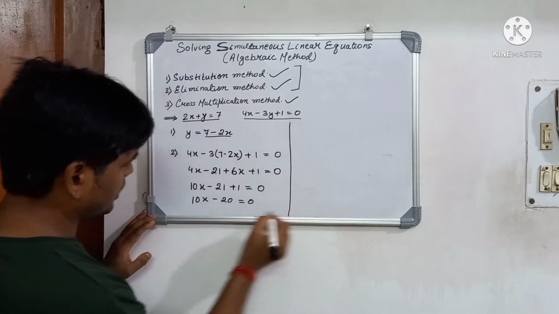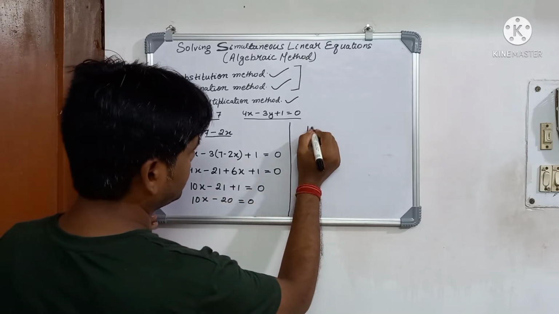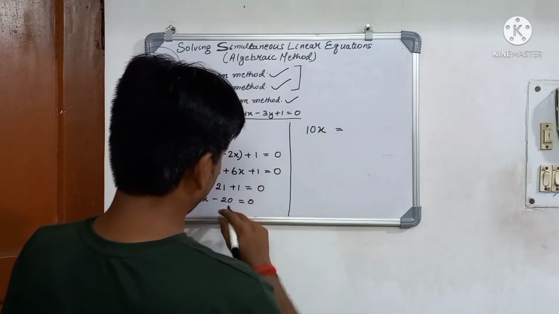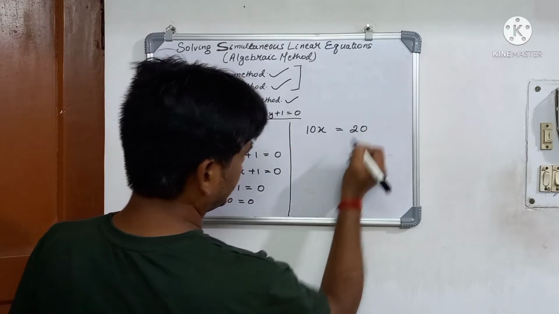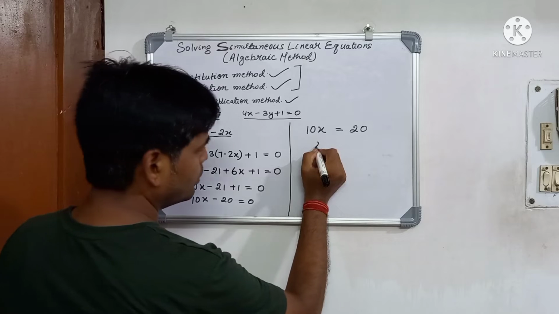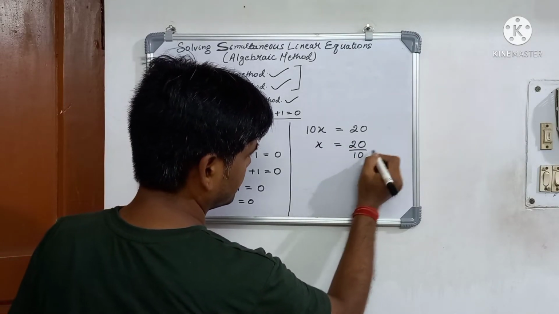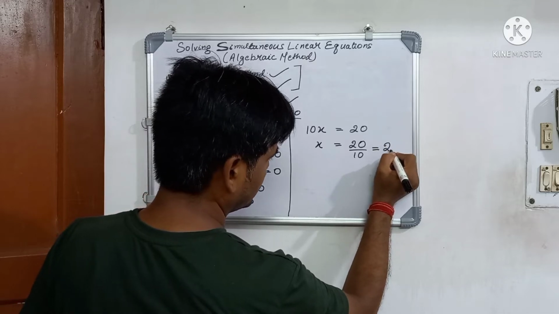On further solving, if I keep the variable 10x on the left hand side and put the value on the right hand side, we can find the value of x. This is equal to 2.